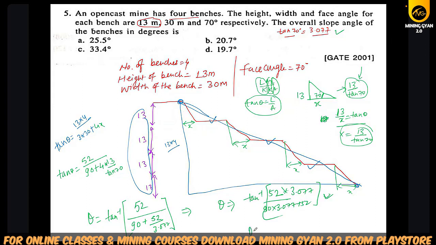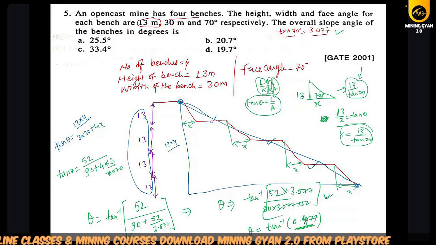It will come as tan inverse 0.477, and I am using the calculator. So you don't know the value of tan inverse of 0.477, and you can't go and solve the question.